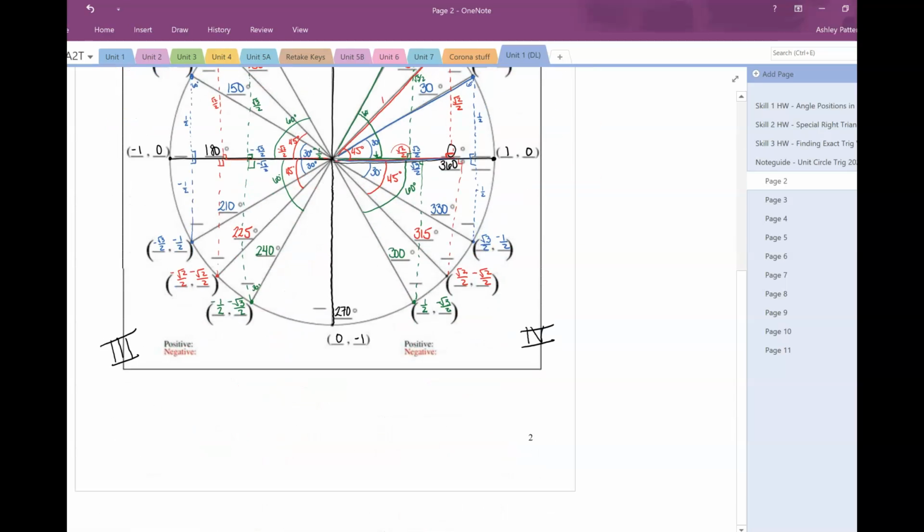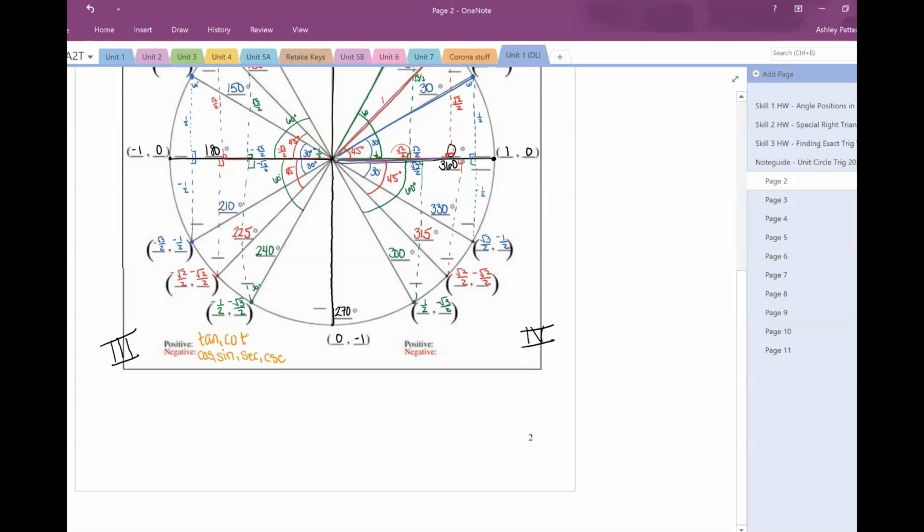Okay, in the third quadrant, very good, they're both negative, both cosine and sine and their reciprocals. So if tangent is sine over cosine, and they're both negative, negative over negative is going to give us a positive. Good. So then tangent and its reciprocal are positive in the third quadrant.